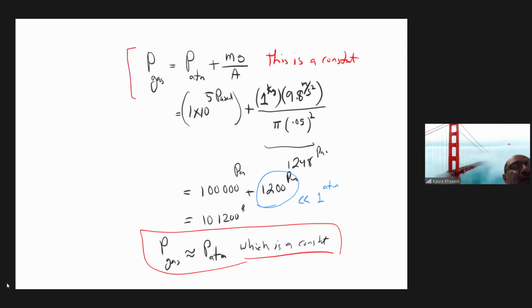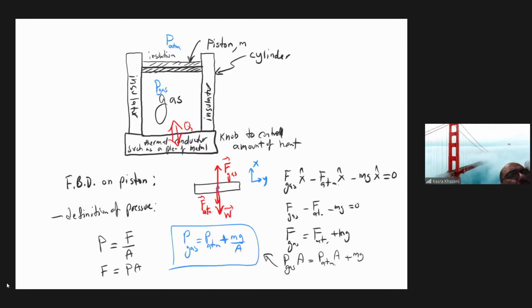But nevertheless, it is constant because the mass of the piston is the same. g is a constant, A is a constant, P atmospheric is constant. So it's a constant pressure. So no matter what happens in this experiment, the pressure of the gas inside that contraption is roughly equal to the atmospheric pressure. Okay?